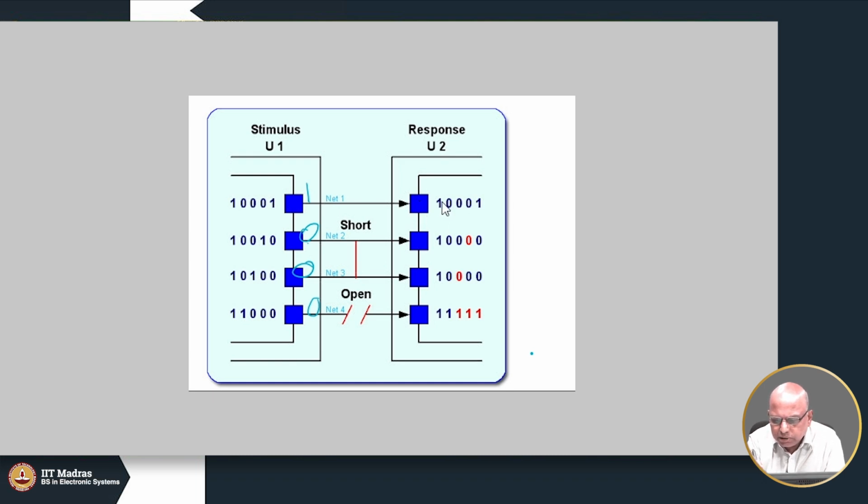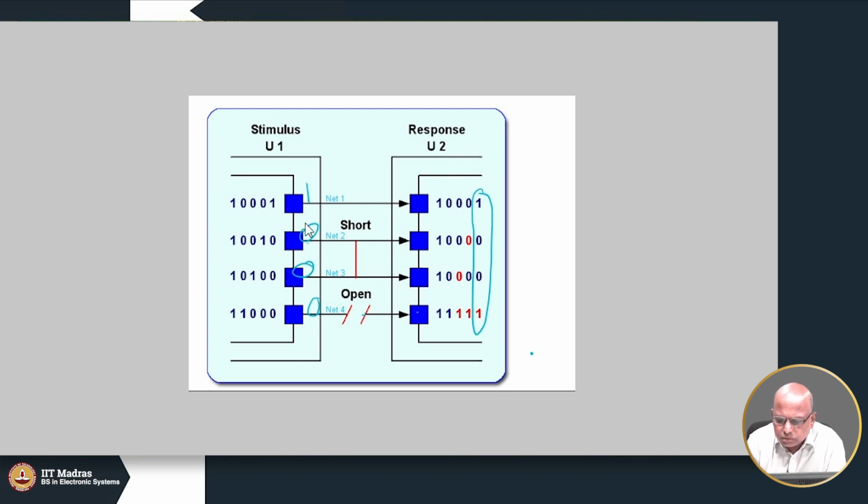So what could happen is, it will capture 1 1 1 1. The reason being, there is an open circuit here. So this 0 may not travel here. I am sorry, this is my mistake. It may capture 1 0 0 1.